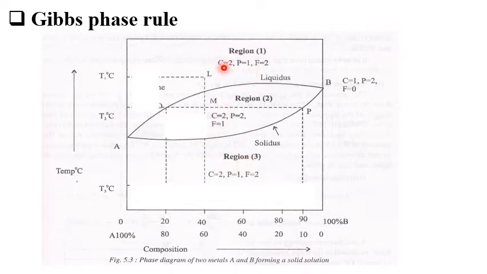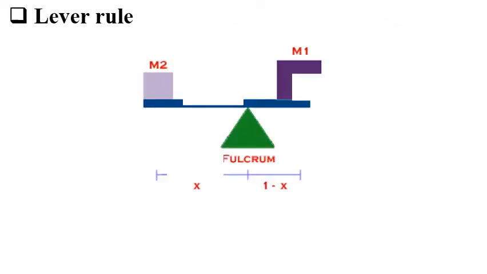So by using this Gibbs phase rule, one can easily find the number of degrees of freedom, or by knowing the degrees of freedom, one can easily find what different phases are present at that moment. Once we know the Gibbs phase rule, which we apply for interpretation of a phase diagram, we know the number of phases present at a given point of composition, temperature, or maybe pressure.